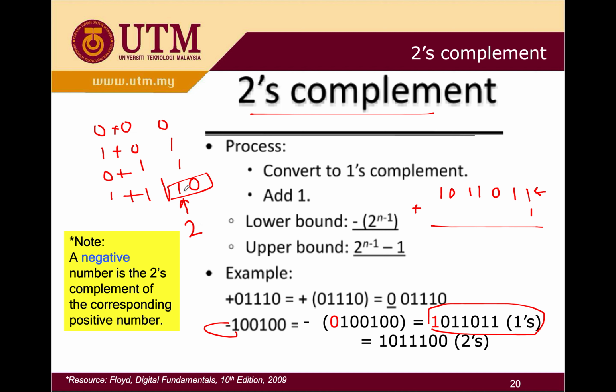In decimal, this is in binary form. So that's why 1 plus 1, you get 0, and you put 1 at the top over here. 1 plus 1, get 1 over here. This is how you add. So you get the answer for your second complement.